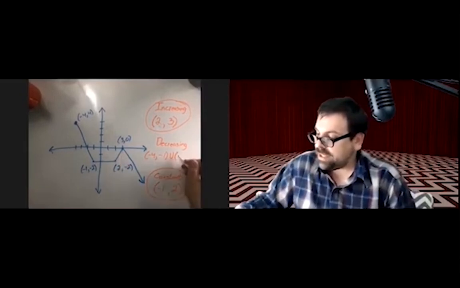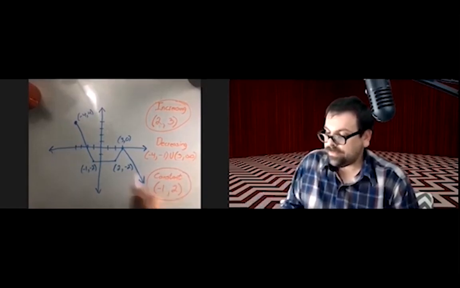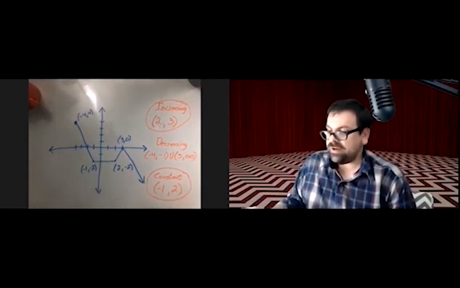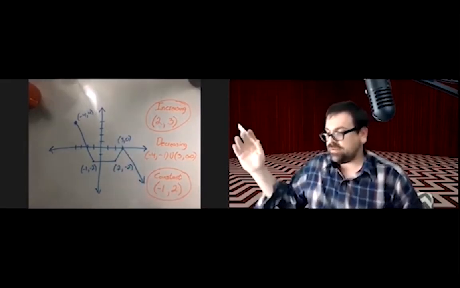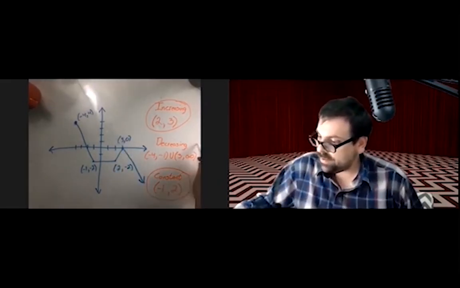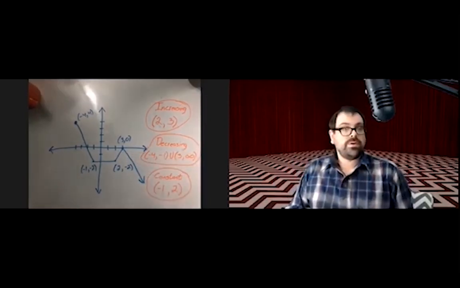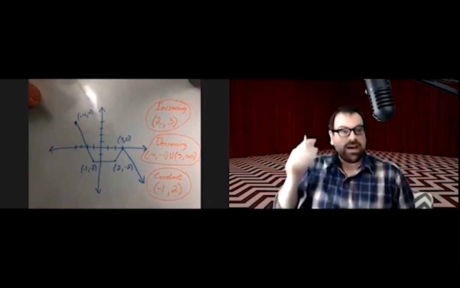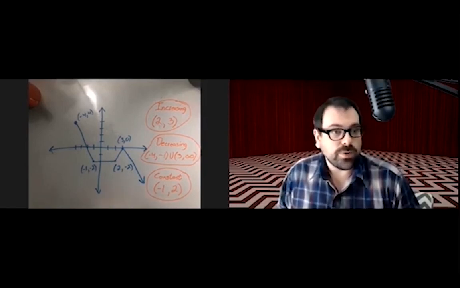Going down from 3 to infinity, because it goes down and right forever. That means it goes right forever. That means it's going to be decreasing forever. That's how we look at a graph and figure out where we are increasing, where we are decreasing, and where we are constant.